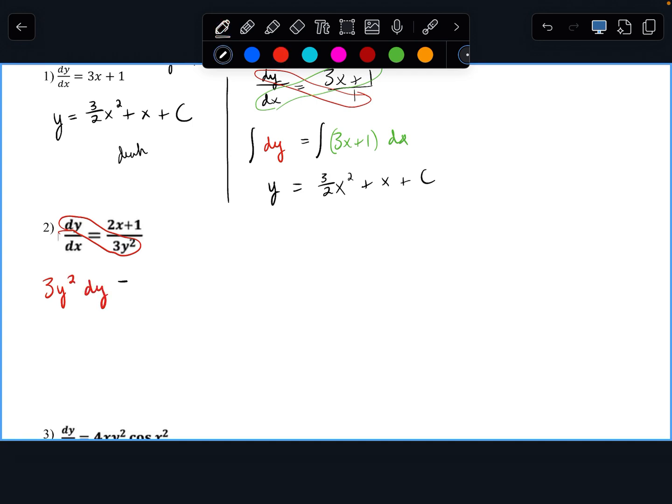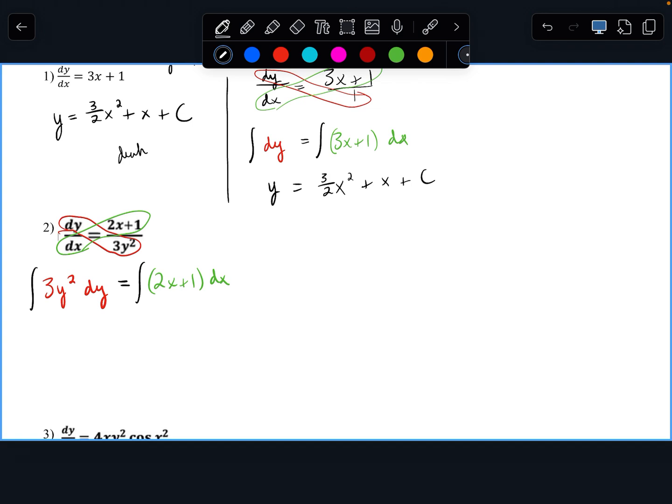And then equals, and then I'll do this guy, and then integrate. Make sure you put parentheses around that 2x plus 1, because remember, in old school integration, that's the height of your rectangle, and dx is the width. So always put those parentheses there.